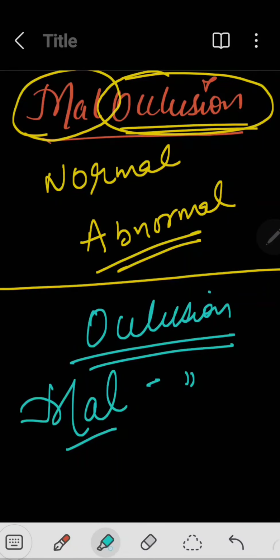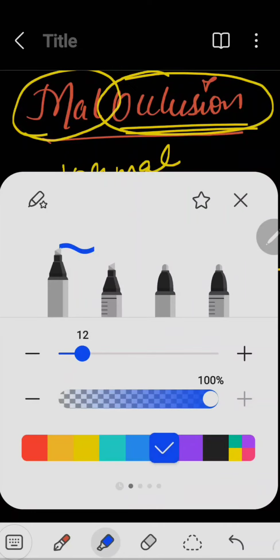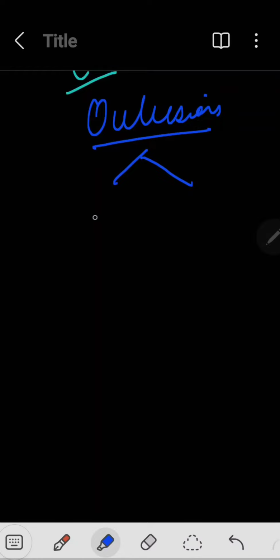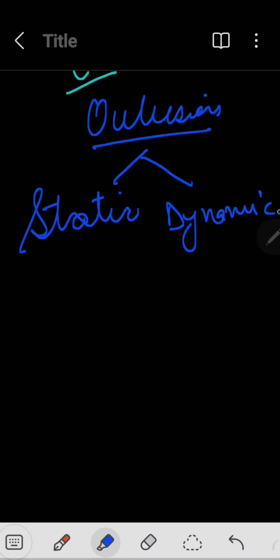In simple terminology, if I discuss what occlusion is, basically occlusion has two basic aspects. One is called static and another one is dynamic.